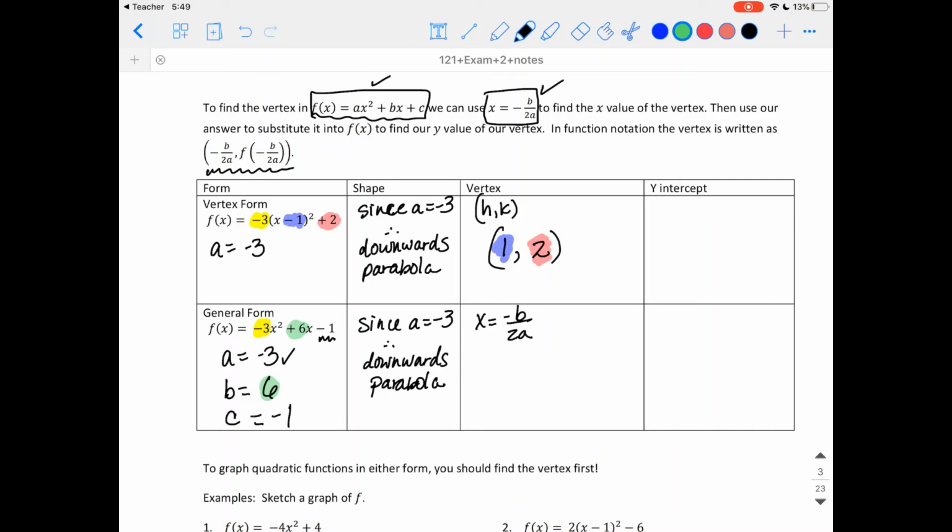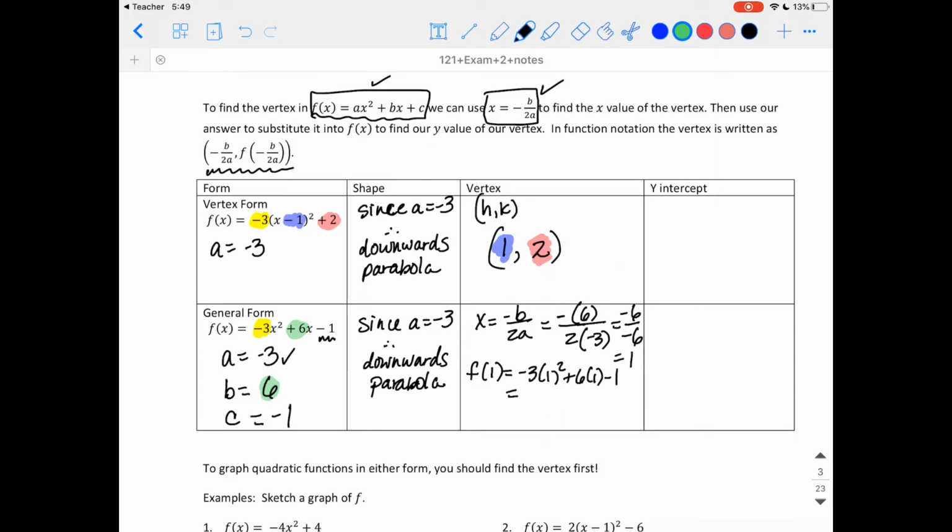Okay, so here let's just substitute. This is going to be negative, and the b is a 6, over 2 times the a, which is a negative 3. So this is going to be negative 6 over negative 6, and negative divided by negative is a positive, and 6 divided by 6 is 1. So now wherever I see an x in the formula, f of 1 is equal to negative 3 times 1 squared plus 6 times 1 minus 1.